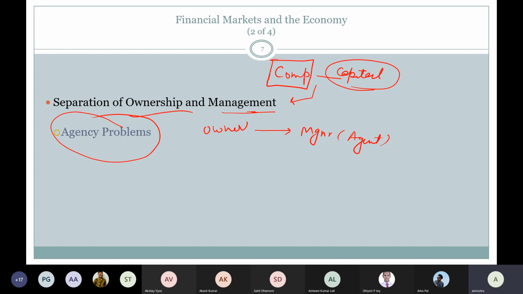So in an ideal scenario, what should be done? The manager should do what the owner wants. But at the same time, if the manager is also trying to take care of other shareholders, because shareholders are also a kind of owner, as we have seen in the previous slide, that whenever financial assets are created, these assets give the claim.